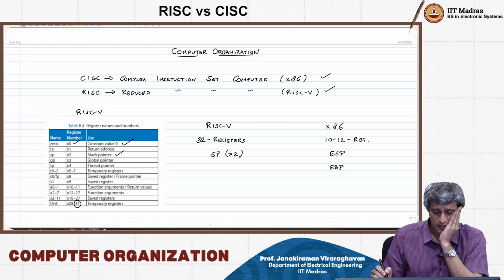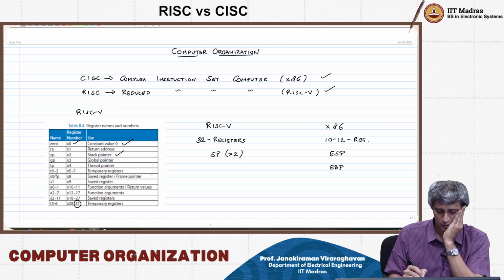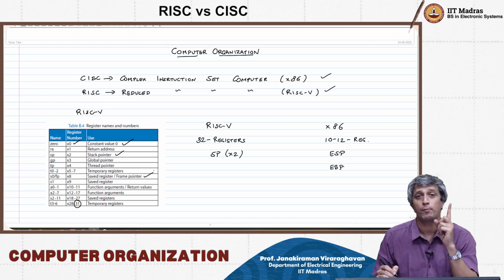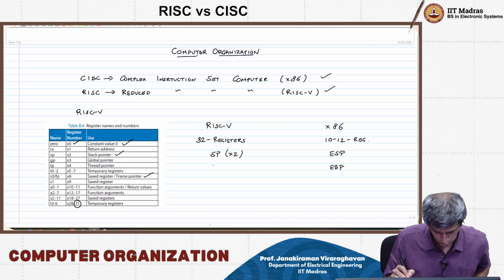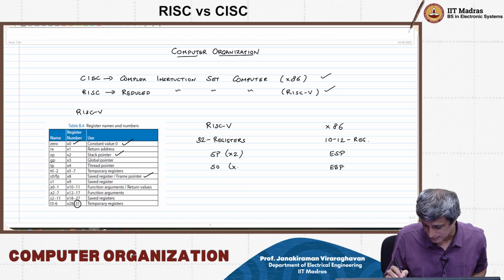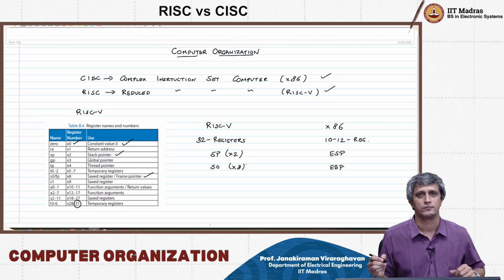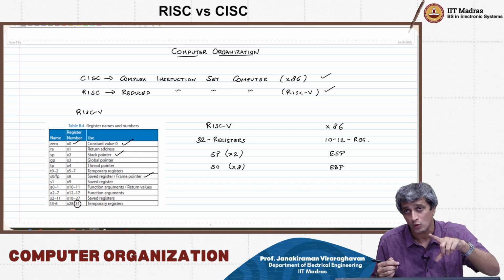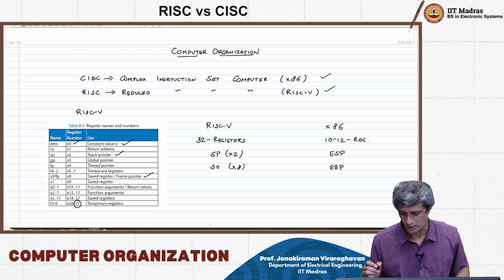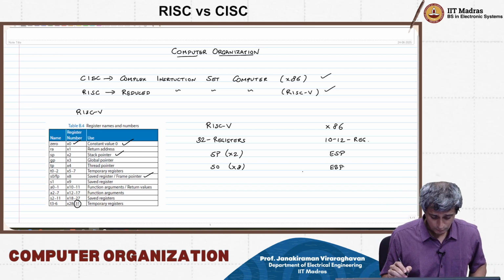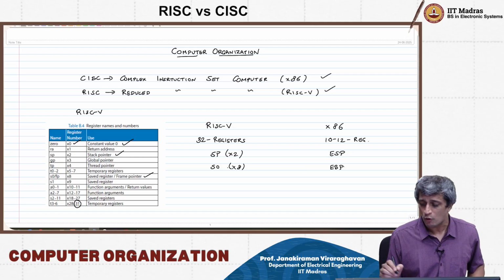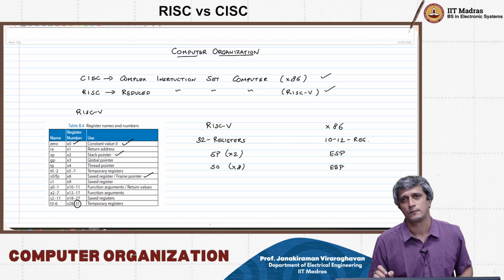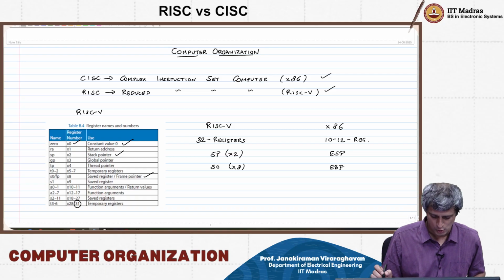Now there is one more, called the frame pointer. It turns out that this S0, which is register X8 in the register file, meaning the 5-bit address corresponds to 1000, is the equivalent of my base pointer, as you will see later.